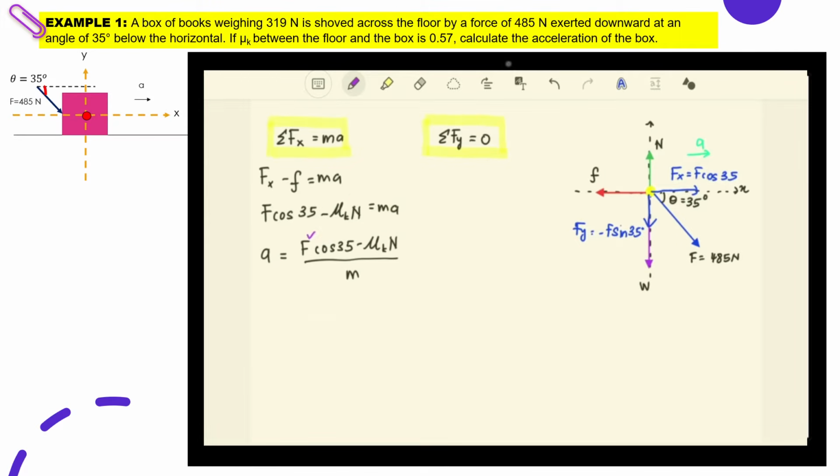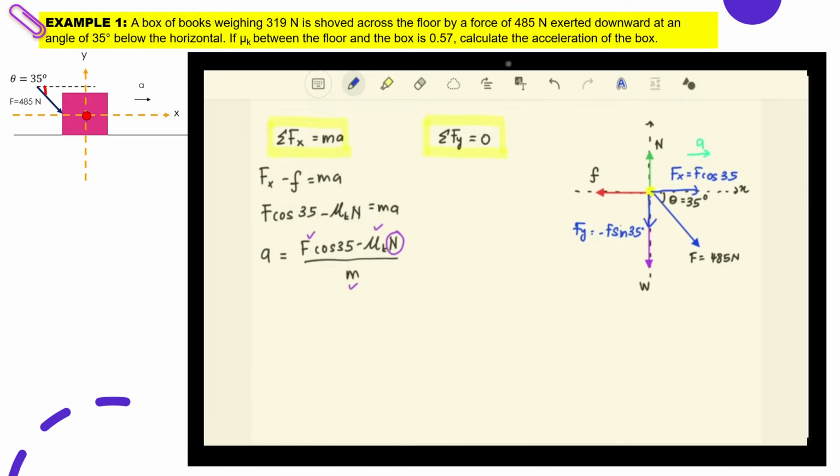Now look at all the unknowns. We have F, mu k, m, but we don't have n, the normal force. Look at the position of the normal force. Where is it? The normal force is on Y components. So we need to move to total force in Y components is equal to 0.